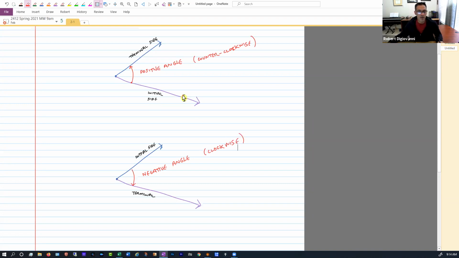So is everyone clear with the idea that even if you take these two rays, even if they're exactly the same rays like this, if you call this the initial side and this the terminal, you have a positive angle. But if you do it the other way, initial side, terminal side, you actually have a negative angle. Yes? So you have to know what the initial side is for you to be able to tell me whether or not you're dealing with a positive or a negative angle. Any questions?